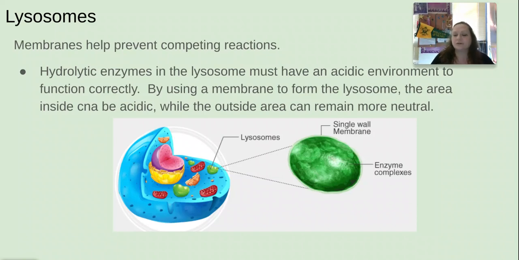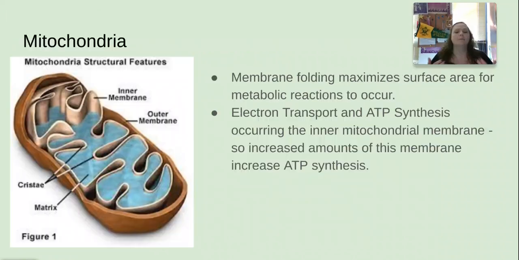And as you know, part of maintaining homeostasis is maintaining a neutral pH, a neutral environment inside the cells. So these lysosomes actually have an acidic environment so that hydrolytic enzymes can function, but it doesn't impact the remainder of the cell, allowing the cell to maintain that neutral environment.